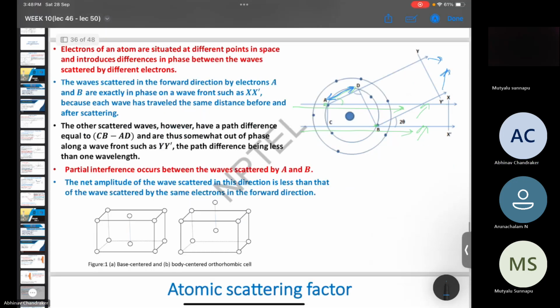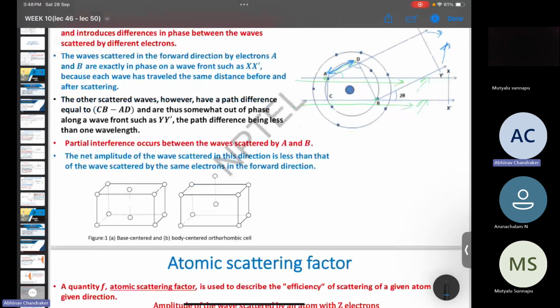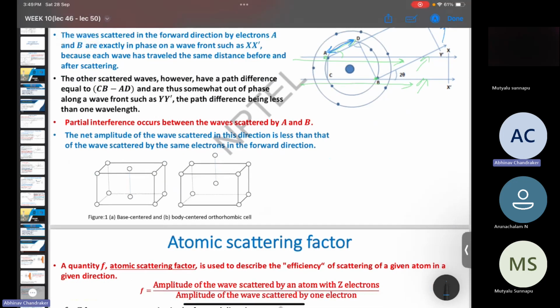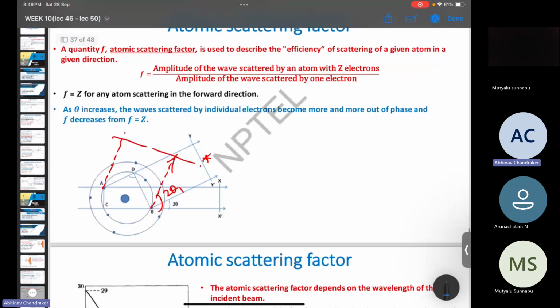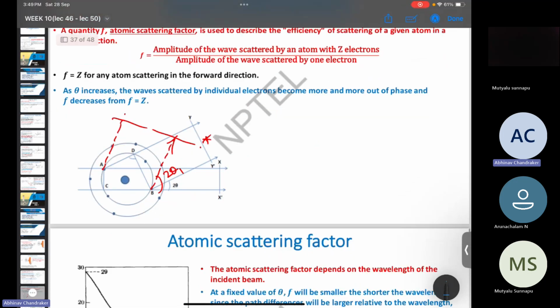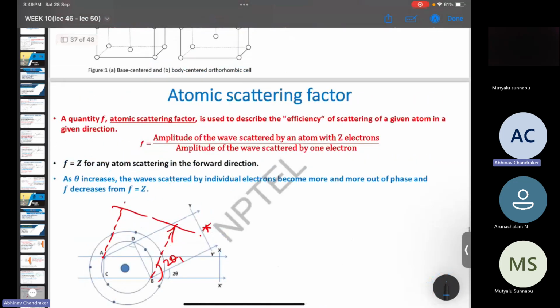So what I'm essentially trying to say is that if the scattering is at an angle, you can't just add up the amplitudes of the individual scattered beams from two different electrons. You also have to consider the phases of the two beams. So in order to consider the phase difference between the scattered beams at different angles, we have something called the atomic scattering factor to take care of this phase difference.